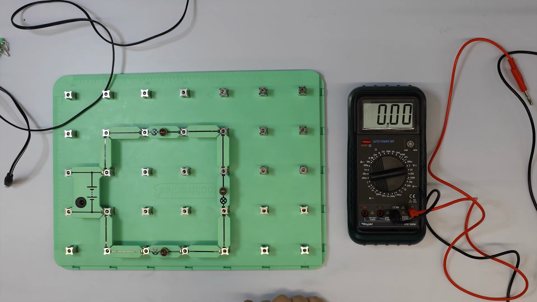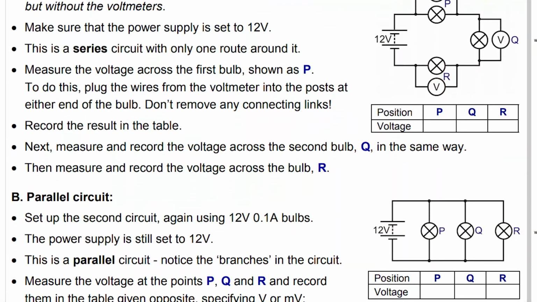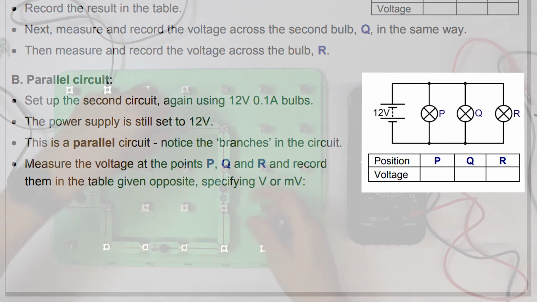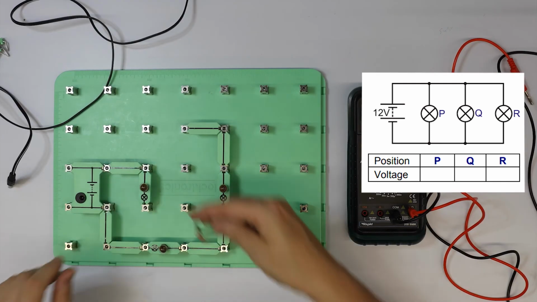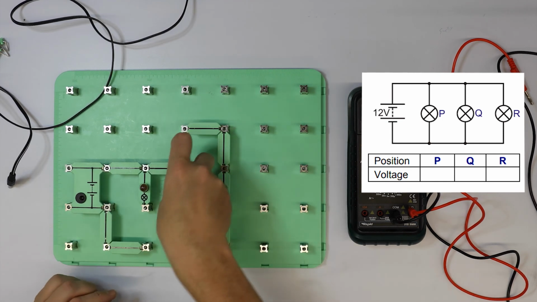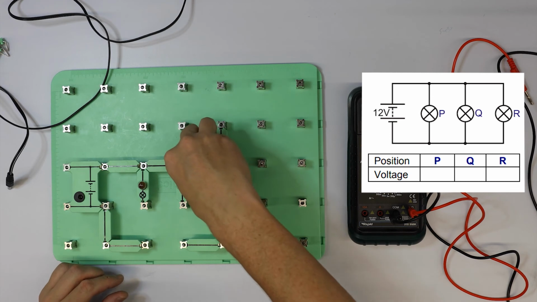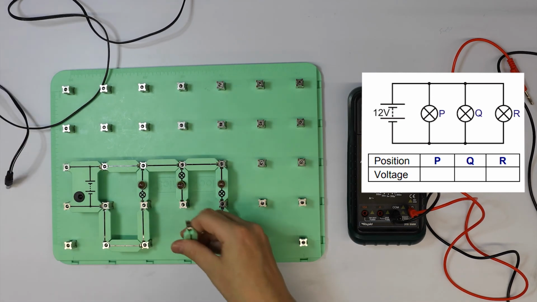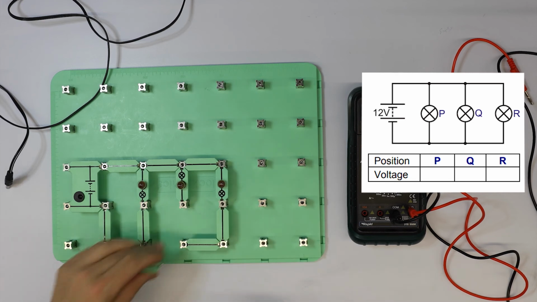So here we're now setting up a parallel circuit. So once again, a parallel circuit is where all the bulbs are on their own individual branches in the circuit. So if I set it up something like this, one there, 2 more to go in.